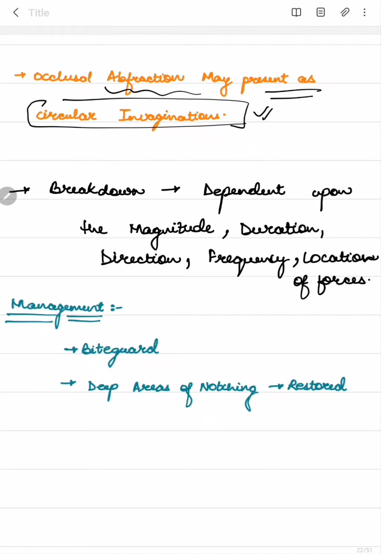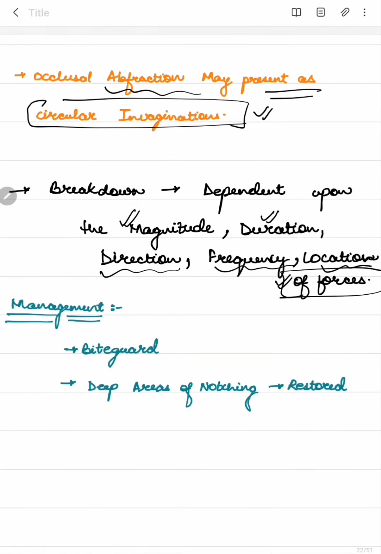Now the breakdown of the tooth structure basically depends upon the forces that are applied, right? So it is dependent upon the magnitude, duration, direction, frequency, location of the forces, right? So these forces will generate stress on the cervical third of the clinical crown, right? So basically the breakdown of the tooth structure is dependent upon the abnormal occlusal forces, right?